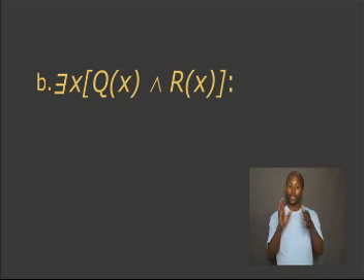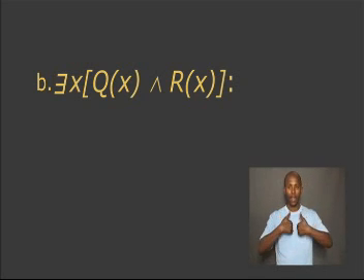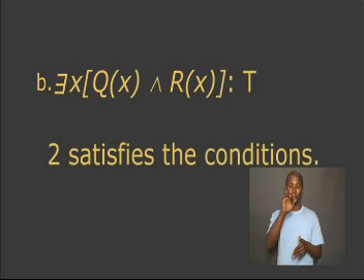The second statement says, there exists an x which is both an even number and a prime number. 2 is both even and a prime number, so the truth value is true.